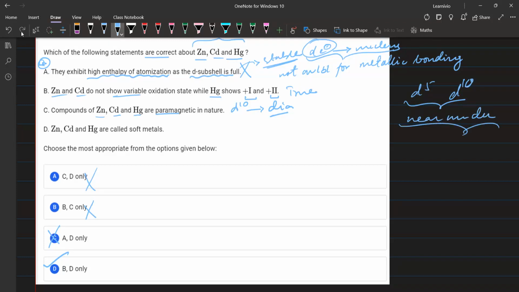And if they are nearer to the nucleus, they will not be available for metallic bond. That is why if you see enthalpy of atomization, it increases, and then it takes a dip for manganese. Then again it starts increasing, and then it takes a dip for zinc. A dip comes because of manganese, that is because d5 is again stable, that is why not available for metallic bonding.